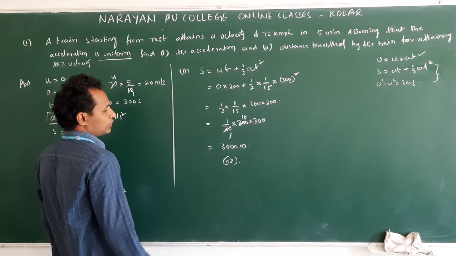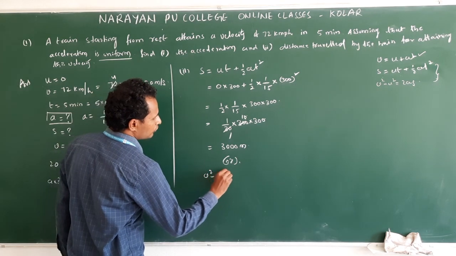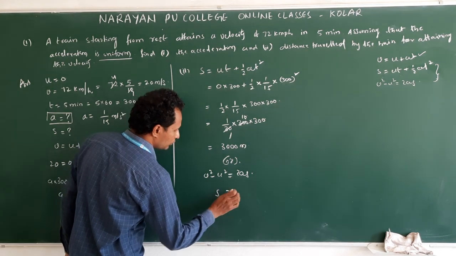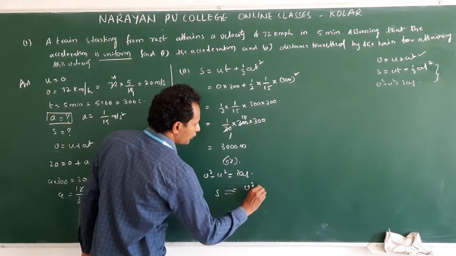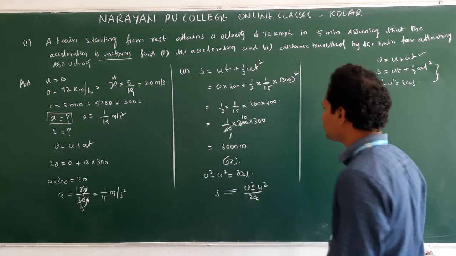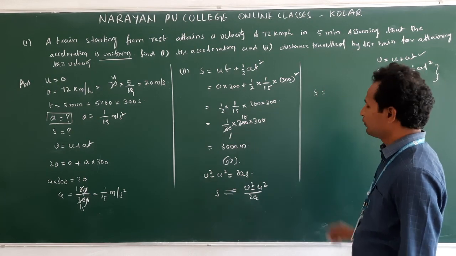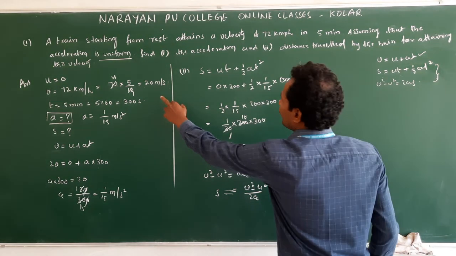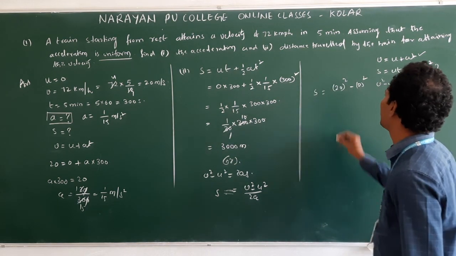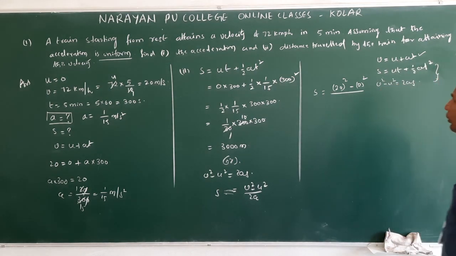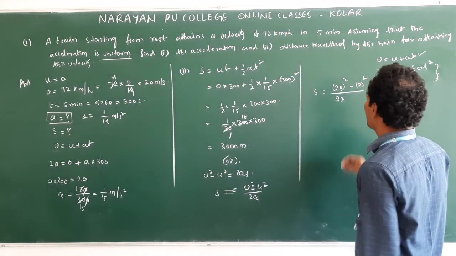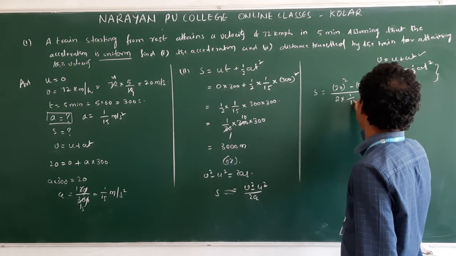You can select the other equation also for the solution. What is that? v square minus u square is equal to 2as. They are asking s, so you make it the subject: s is equal to v square minus u square by 2a. Now s is equal to, v final velocity is 20 meter per second. So 20 square minus 0 square by 2a. 2 into a value, 1 by 15.